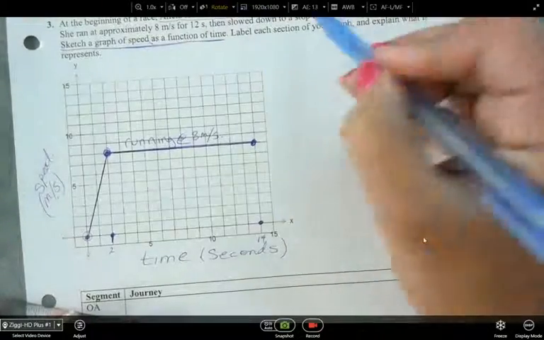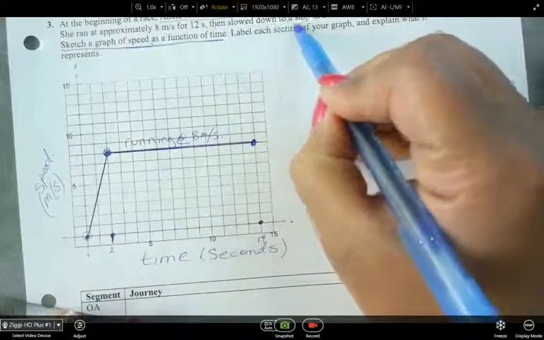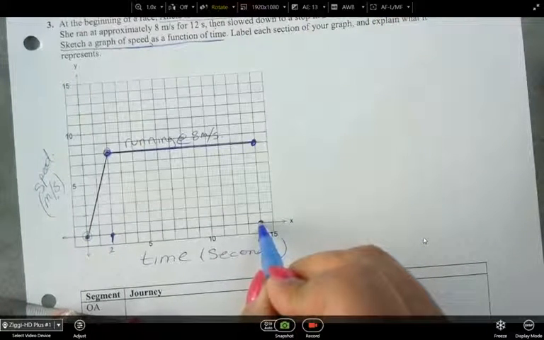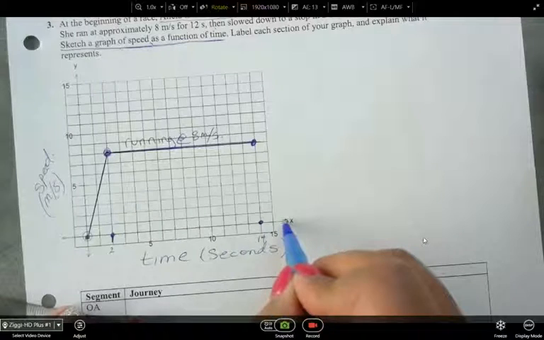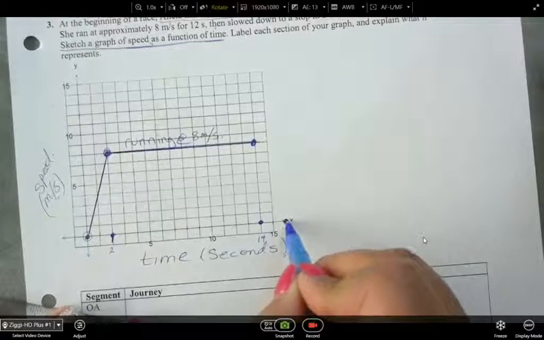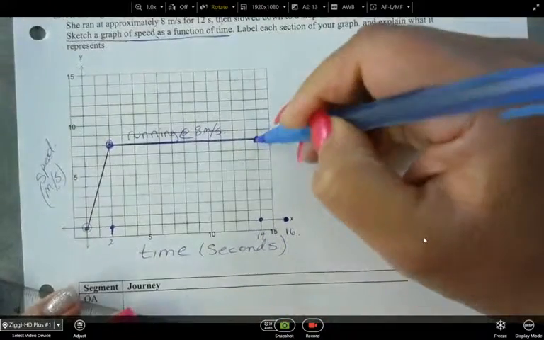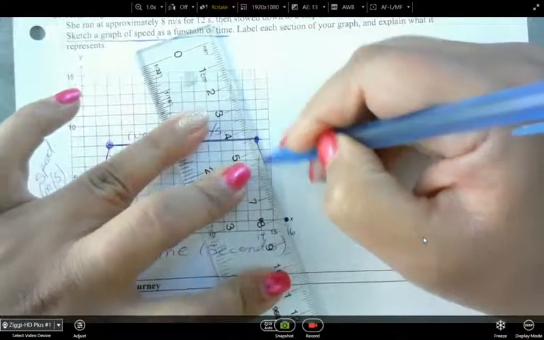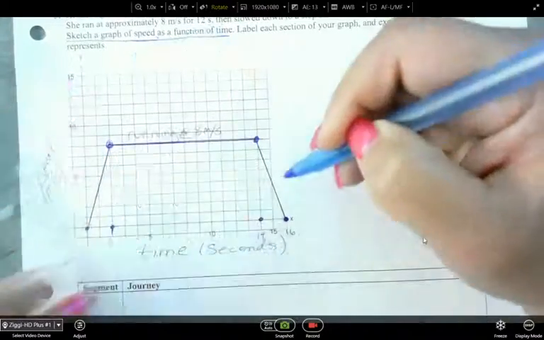Okay, and then what happens in the last little bit? Then she slows down to a stop in 2 seconds. Okay, so where should I end up? Past the graph. So my graph doesn't go far enough, so I can say that that's 16, go off the graph a little bit, and then from here she slows down and we end up at 16 seconds.